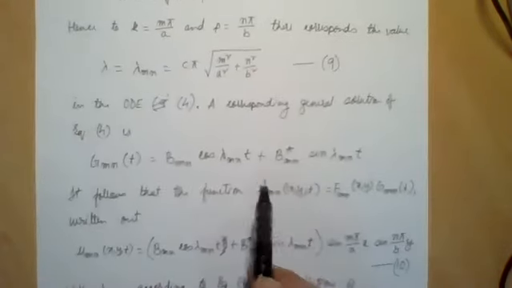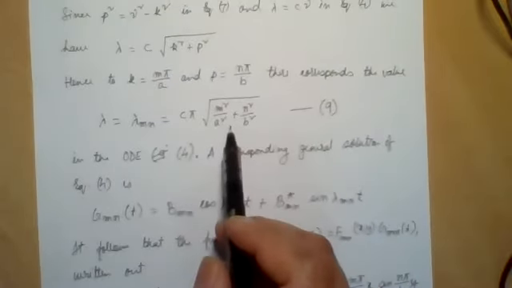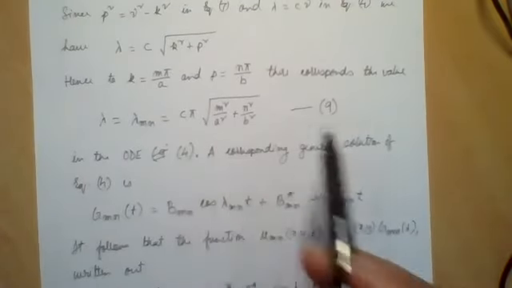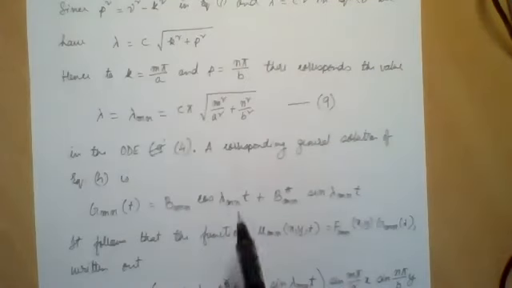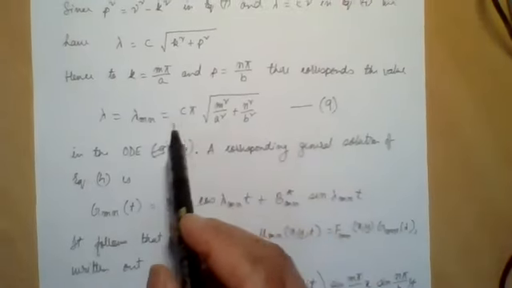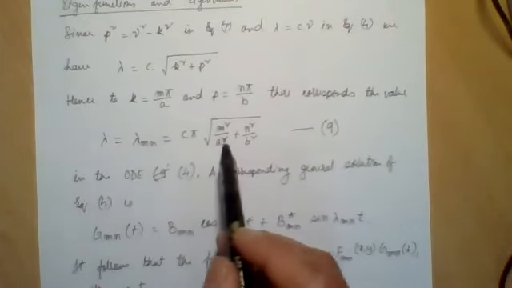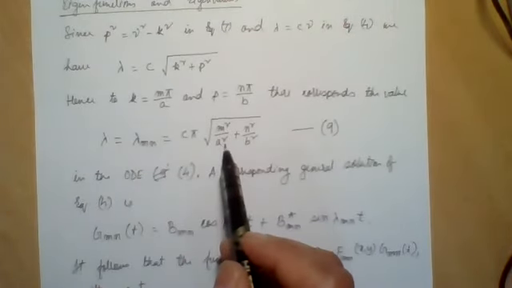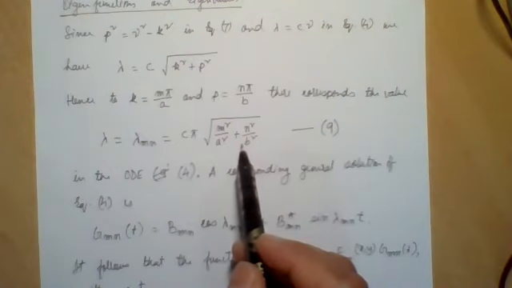Here, it's very interesting that depending on a and b, several functions fmn may correspond to the same eigenvalue lambda mn.